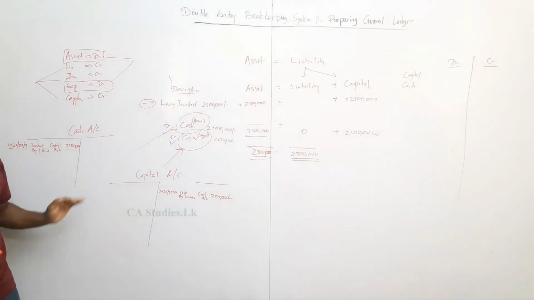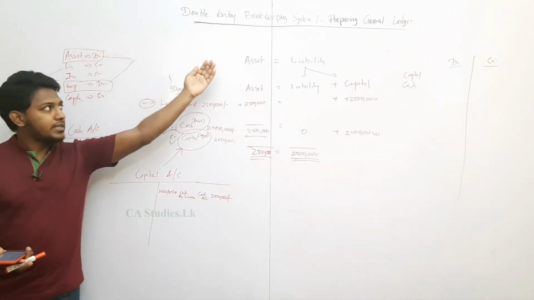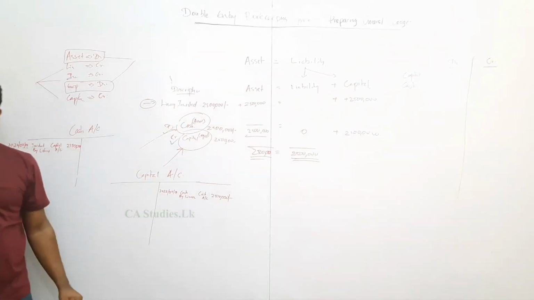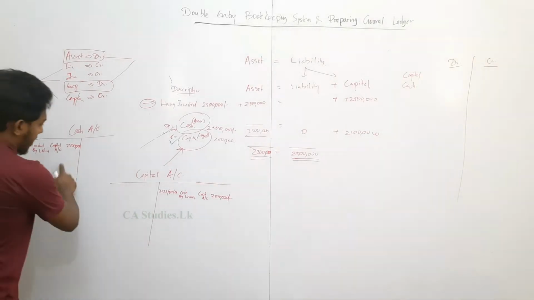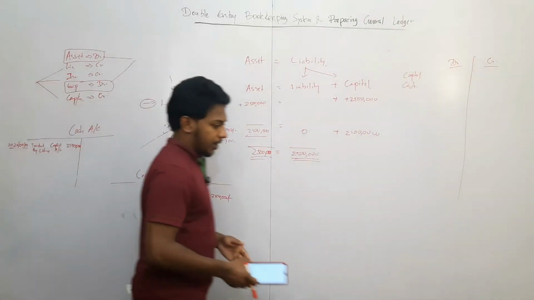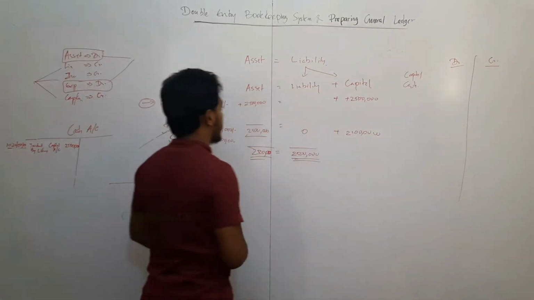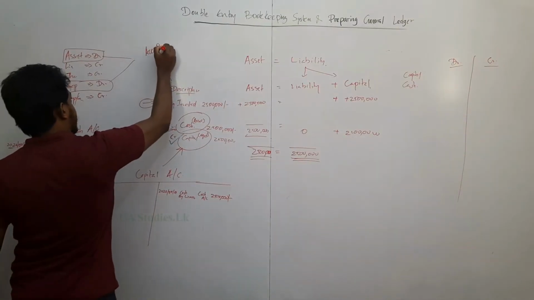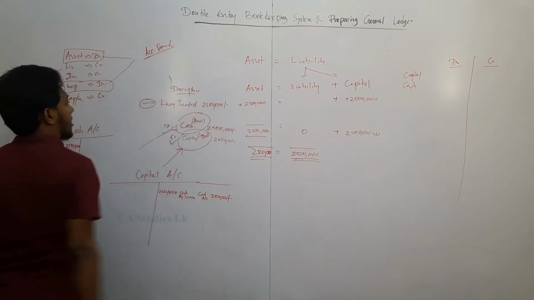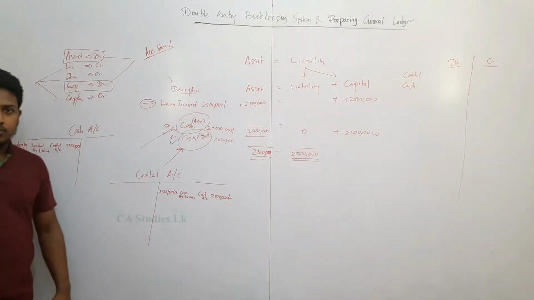Second is the GL. Our chapter is the double entry system and preparing the GL. Now I am going to close this GL. See, normally accounting periods are decided by the accountant.